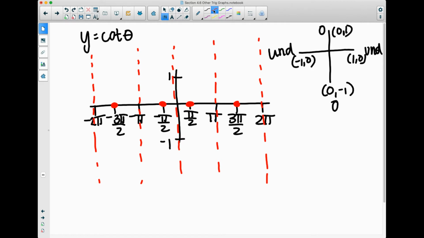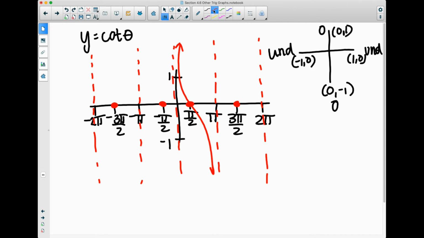Now, let's look at that little token spot that we keep looking at. From 0 to pi over 2, everything is positive. So I need to make sure that my little squiggly line is positive in that first quadrant. So now my squiggly line goes the opposite direction.